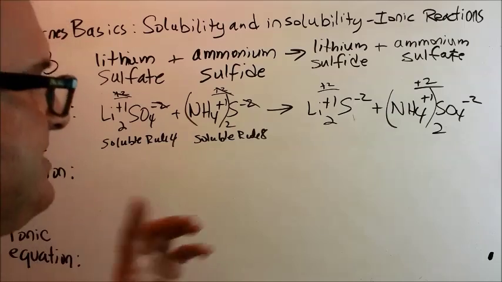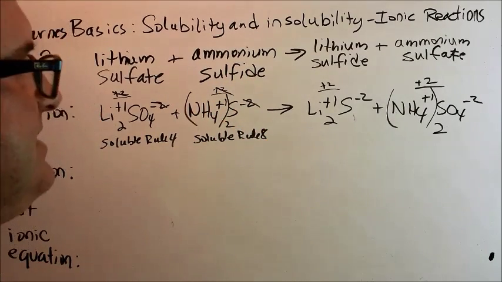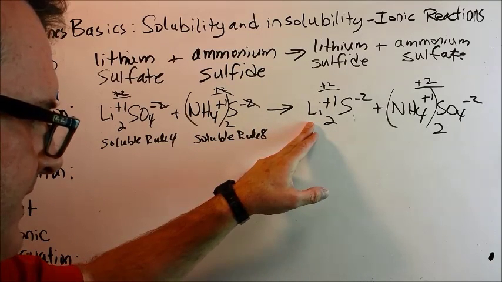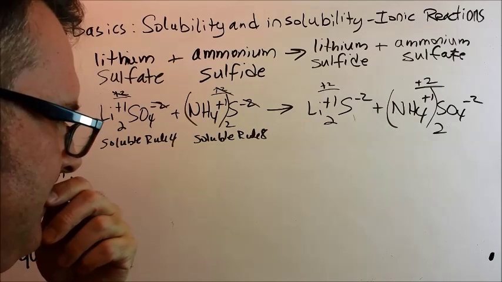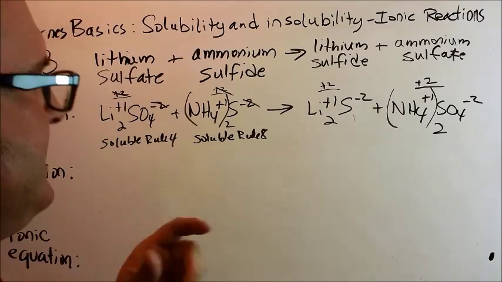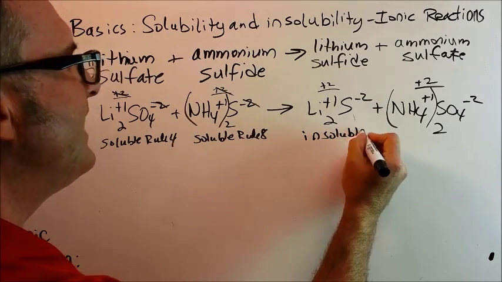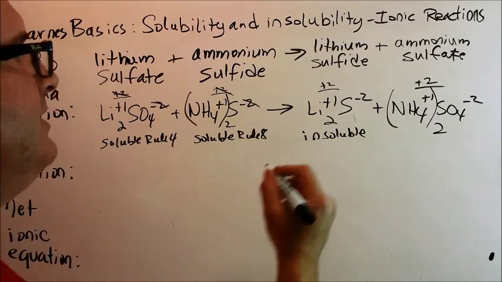All sulfides are insoluble except those of sodium, potassium, and ammonium. That's not sodium, potassium, or ammonium. Those of the alkaline earths, magnesium, calcium, strontium, and barium, are also soluble. This is insoluble. And we are going to invoke rule 7.